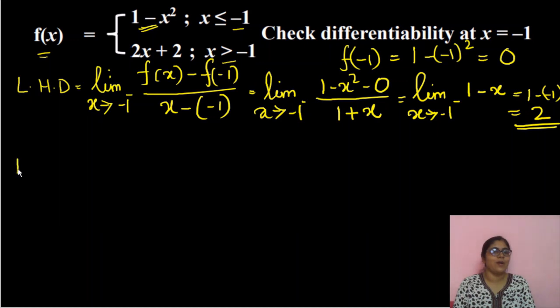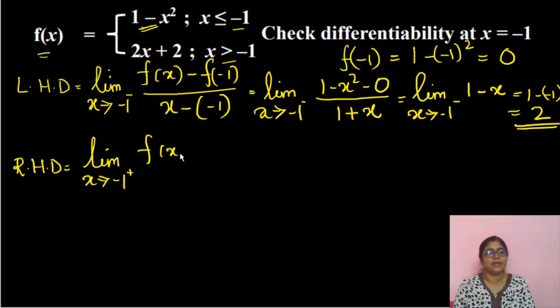So let's find the RHD now. RHD is equal to the limit of x tends to minus 1 plus of f(x) minus f(minus 1) divided by x minus (minus 1).